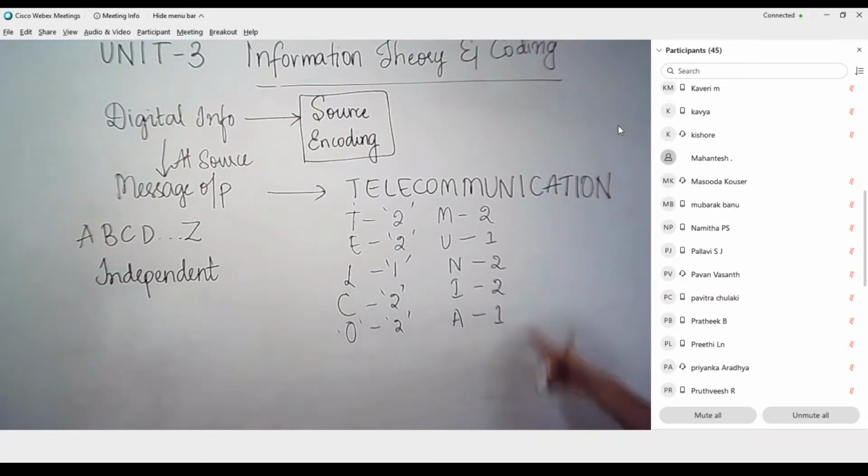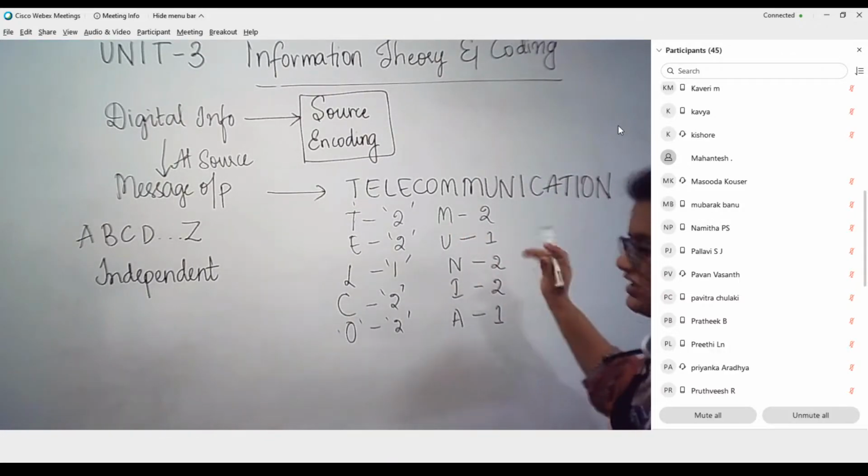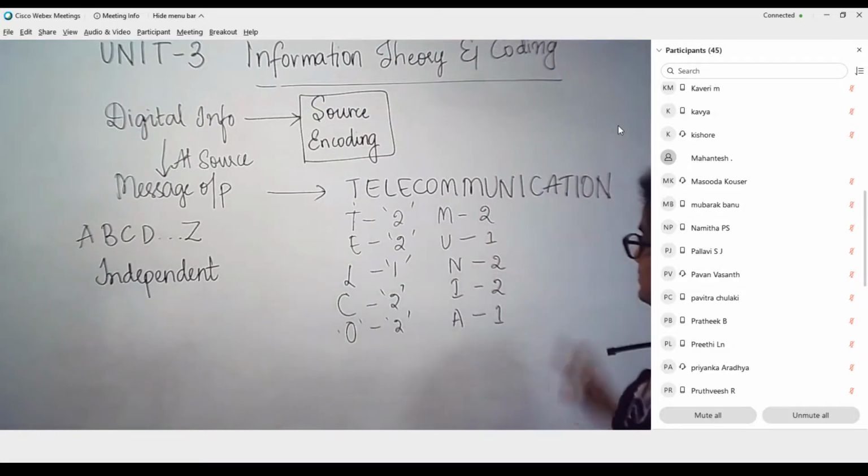Done? We are done with almost all the alphabets available in this entire word or message.